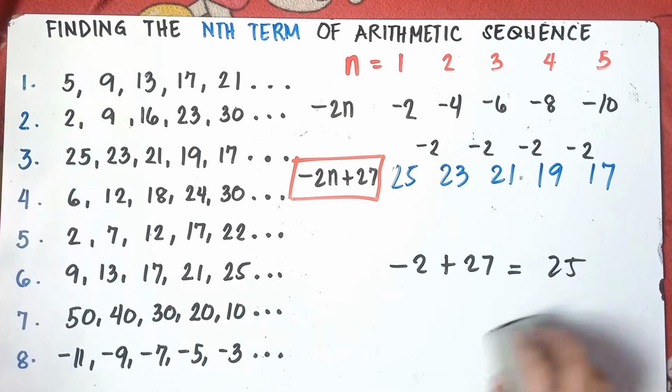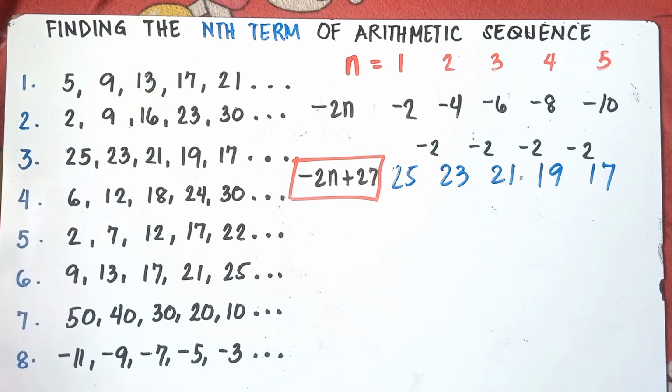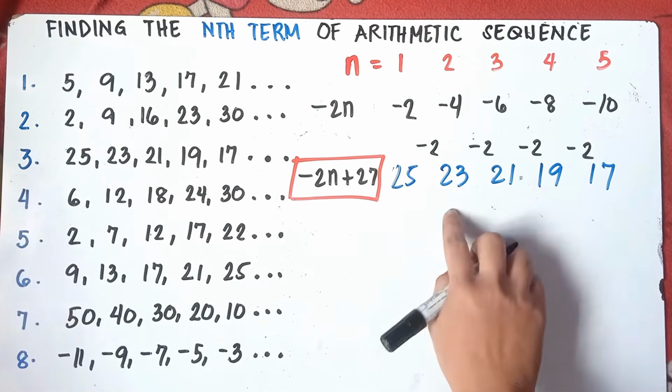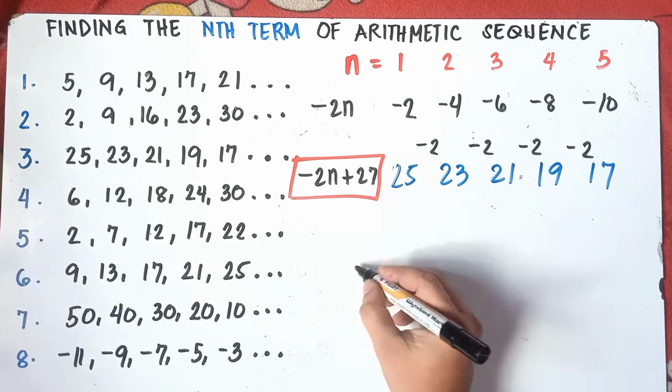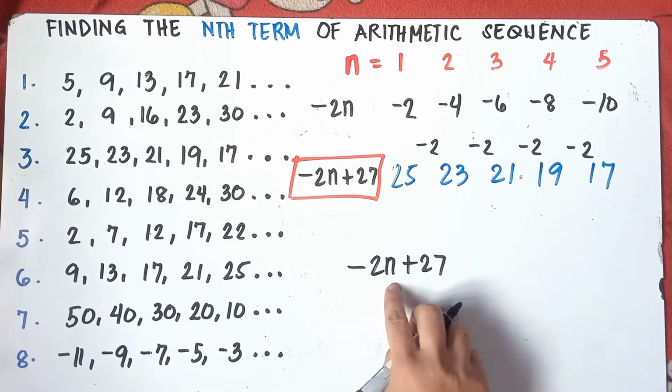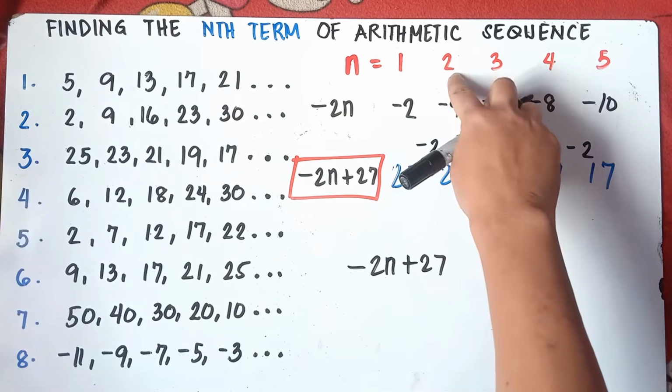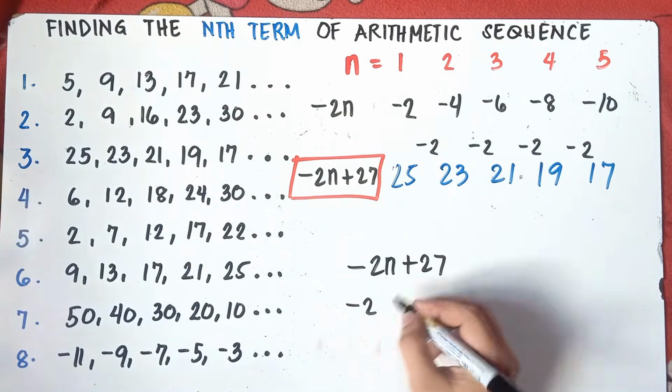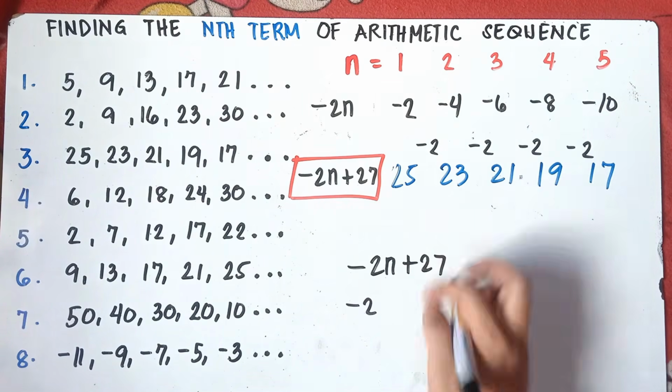Even if we check this one, let's try to check. Based on this equation, negative 2n plus 27, if our n is 2, second position, let's check if we get 23.